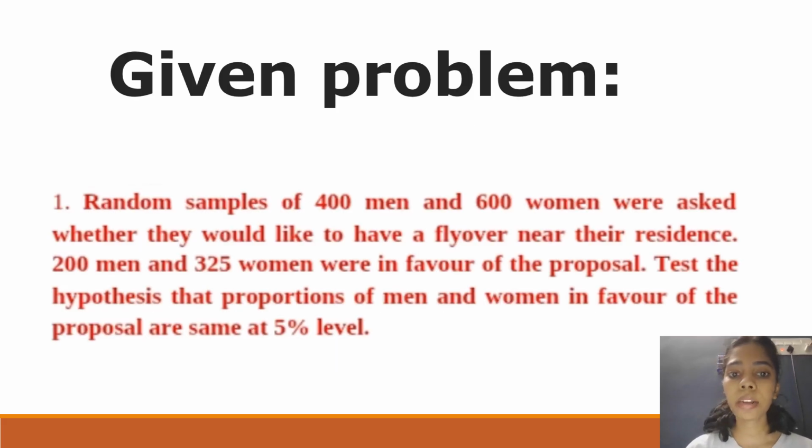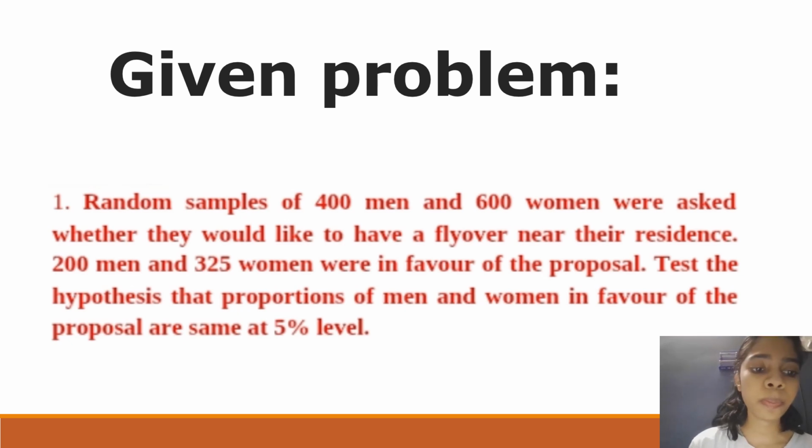Now let us take a look at our given problem. Random samples of 400 men and 600 women were asked whether they would like to have a flyover near their residence. Here, we are given 400 men and 600 women, and they are asked whether they are interested in having a flyover near their residence.